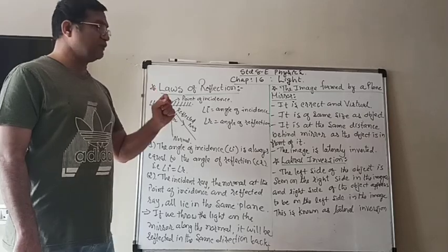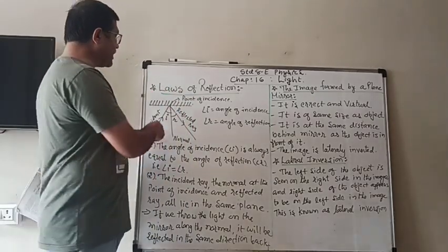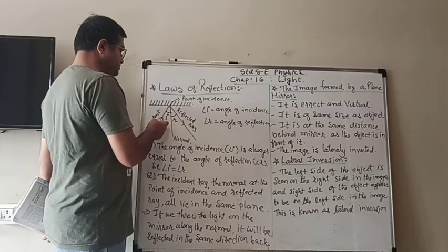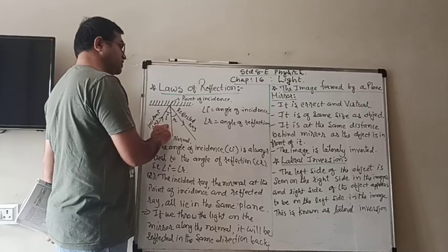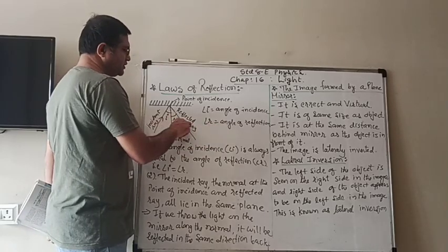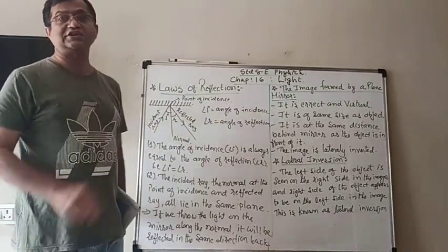Then we have to measure angle I and angle R. Angle I, the angle of incidence, is between the normal and the incident ray, and angle R is the angle between the normal and the reflected ray. Measure both of them and note it down.